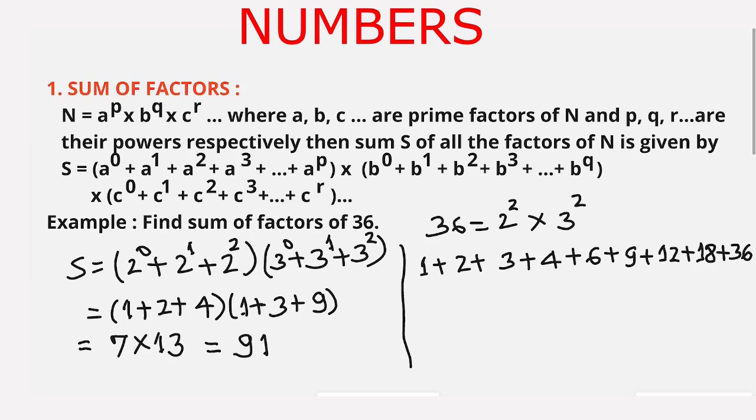And if we add it, 1 plus 2 is 3, 3 plus 3 is 6, 6 plus 4 is 10, 10 plus 6 is 16, 16 plus 9 is 25, 25 plus 12 is 37, 37 plus 18 is 55, plus 36 equal to 91. This way we can also verify the formula used for finding the sum of factors.